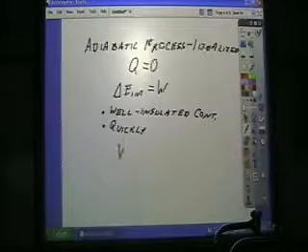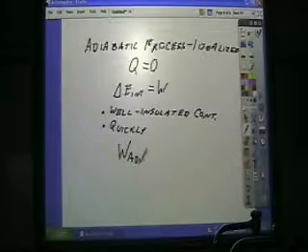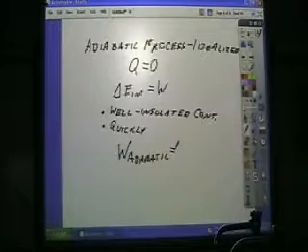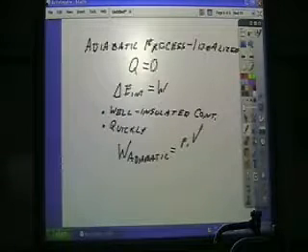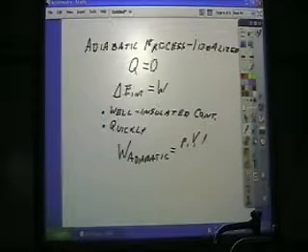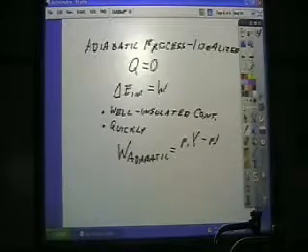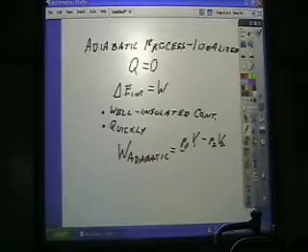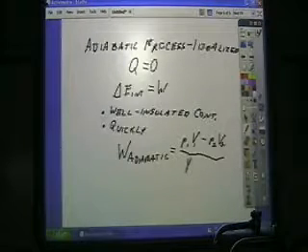Now, the work done in an adiabatic process is equal to the initial pressure times the initial volume minus final pressure, final volume, all over, this is where it gets tricky.